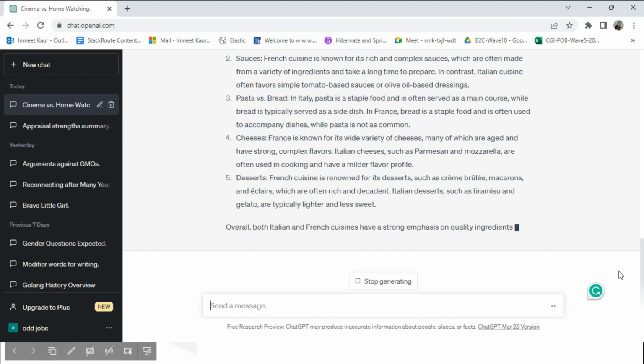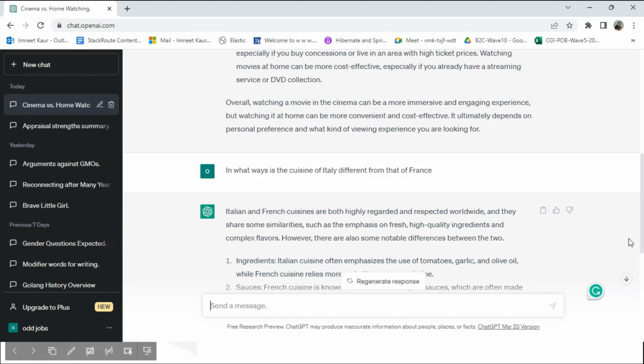If you go through the responses, you will find that ChatGPT generates responses that compare and contrast things, ideas or concepts.